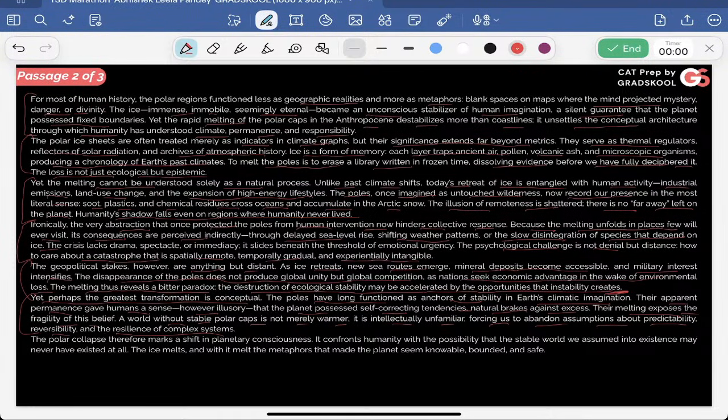So they are self-correcting bodies, right? And if the ice is not there, poles are getting destabilized, which will destabilize the entire ecosystem of planet Earth. The polar collapse therefore marks a shift in planetary consciousness.